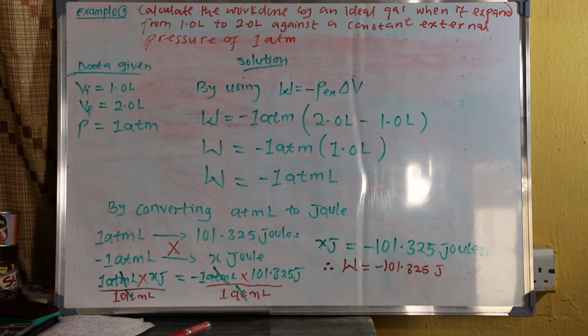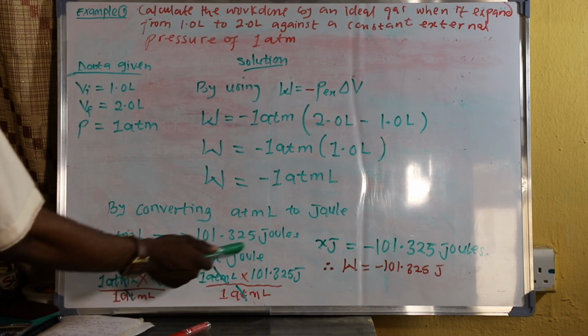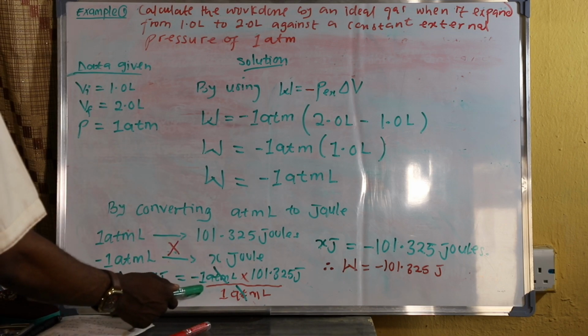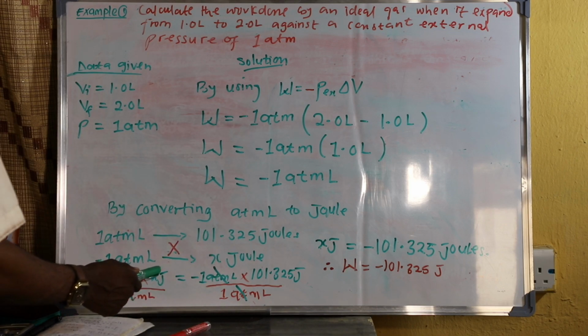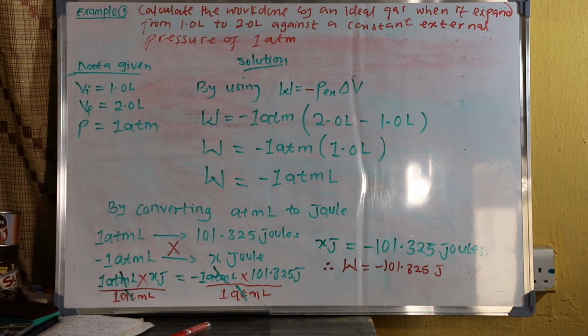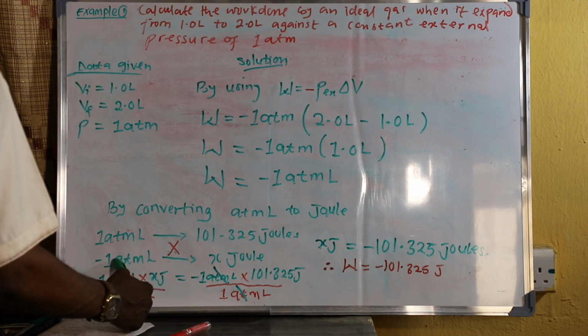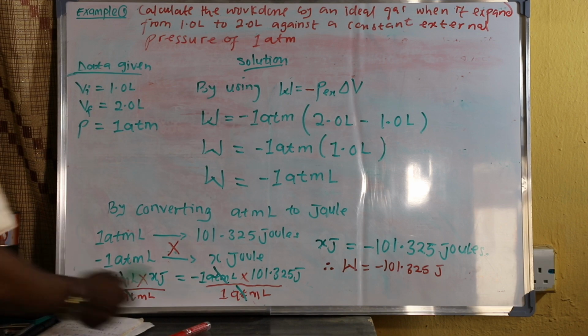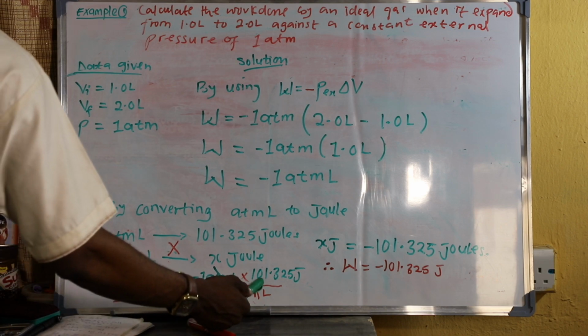Then by cross multiplying, we have 1 atm liter times x joule is equal to minus 1 atm liter times 101.325 joule.